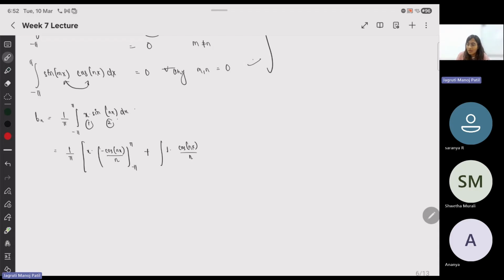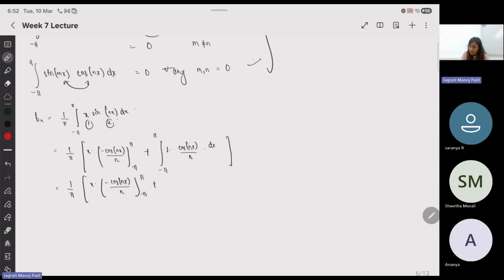Because you are evaluating it from negative pi to pi, you have 1 by pi, you have x, you have negative cos of nx by n, from negative pi to pi, plus.